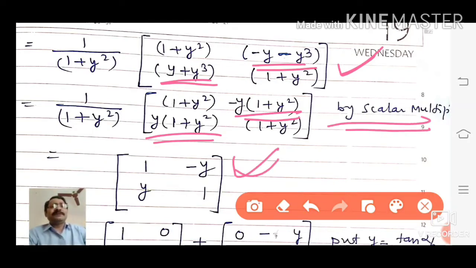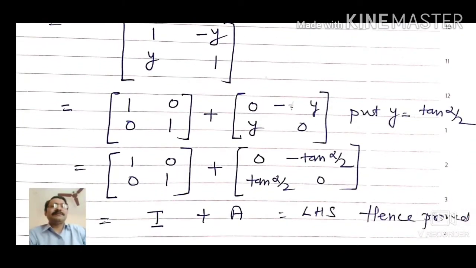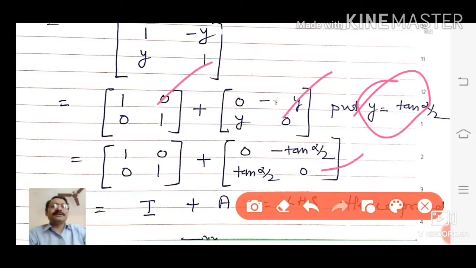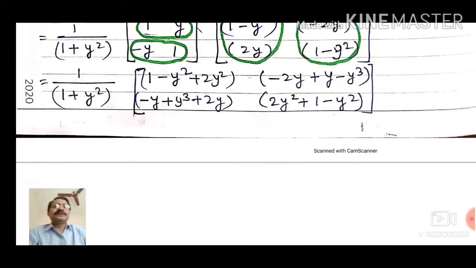The outside is 1 plus y square, you multiply inside, so you get this format. And this you can separate: the identity matrix you can separate from this. If you separate the identity matrix, you get these two parts. Now in place of y, again you put the value. Now you can see, this is I and this is A. So in this way you prove this question.